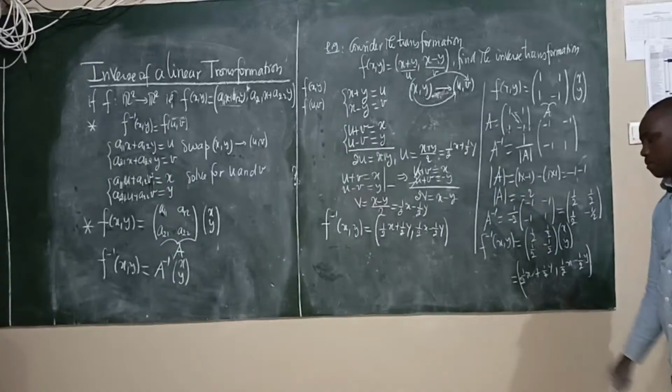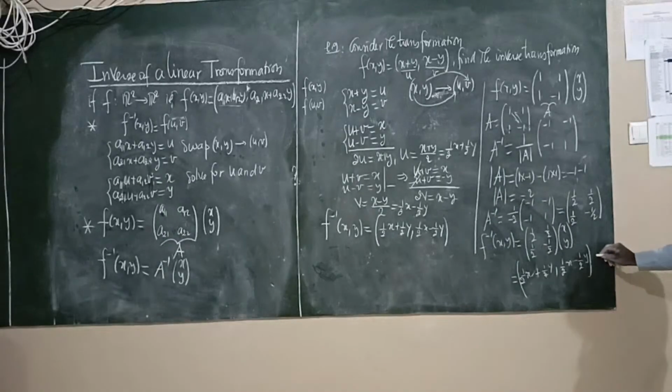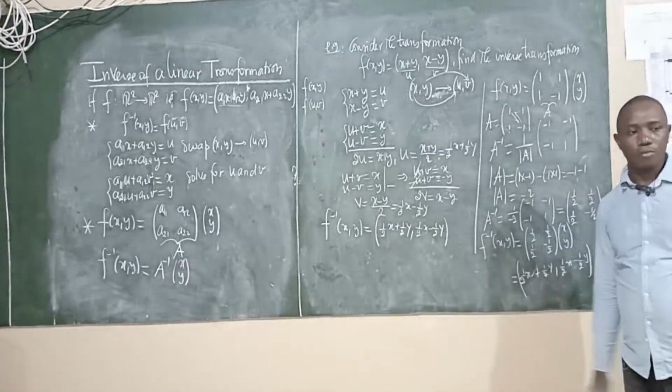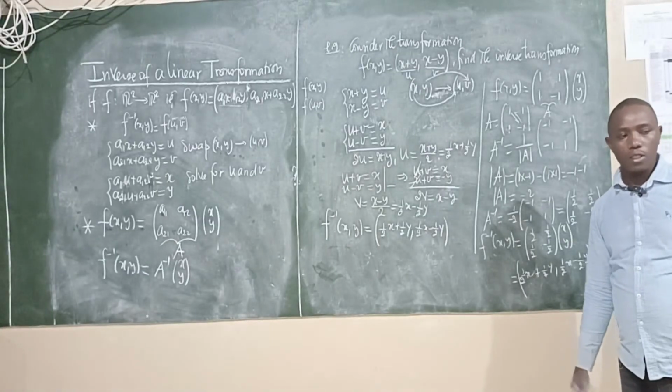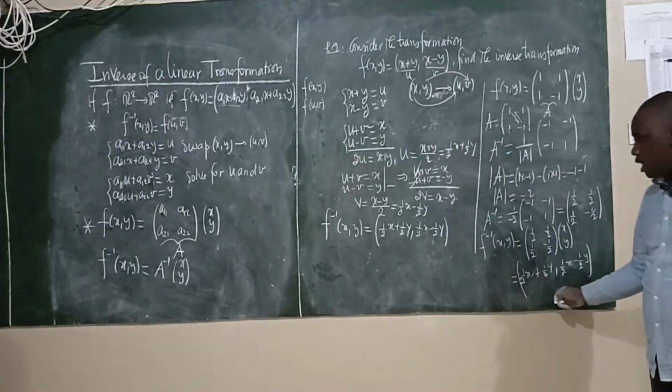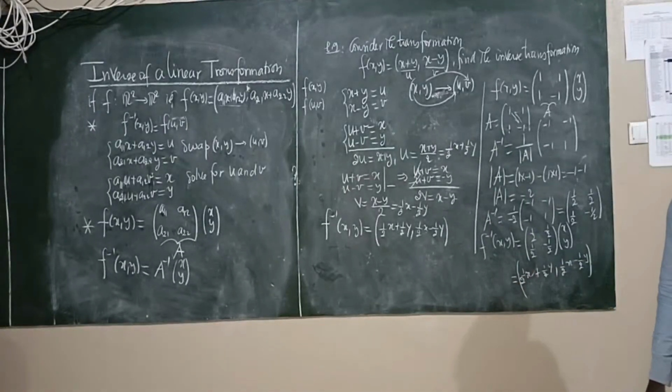As you see, this answer is the same as this. The answers are the same. And here are two different ways of getting the inverse of a linear transformation.